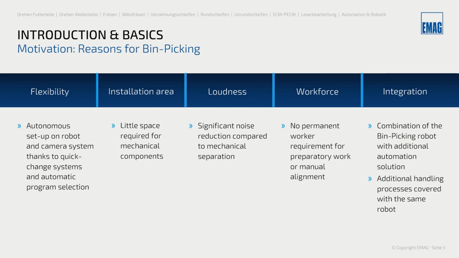Next topic is loudness. We all know the noise that is made by other mechanical separators, and that gets annoying over time if you work for a long time in the production. With bin picking, this is no topic at all, because a robot can take out a part almost completely silently.